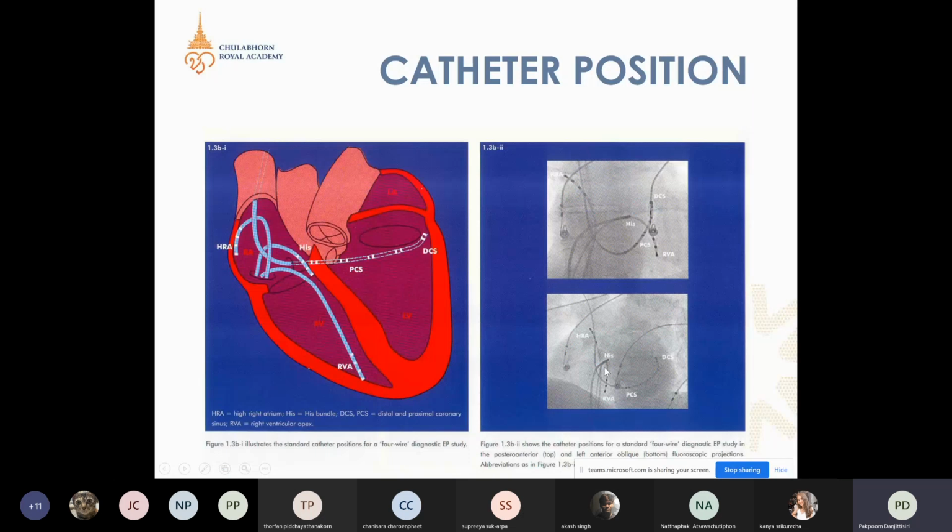So when the apex is in front of you, you can identify that this catheter should be the RVA catheter, the quadrupolar catheter within the RV apex, and the upper one should be the His catheter.